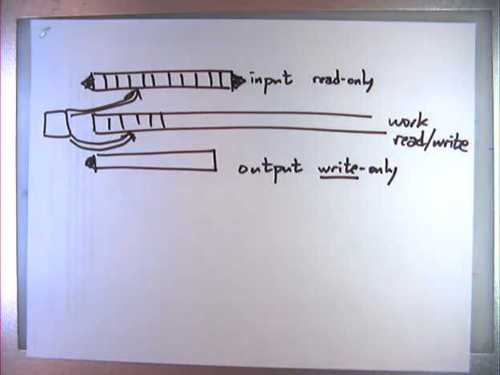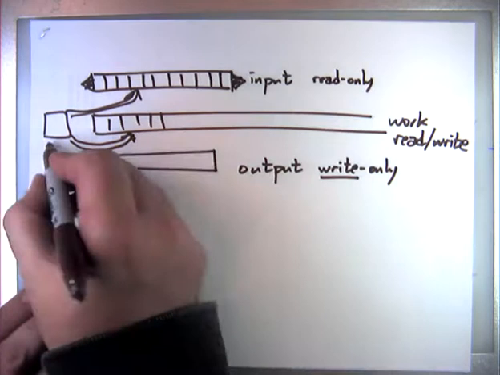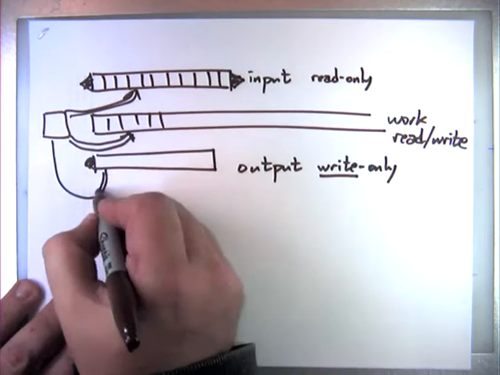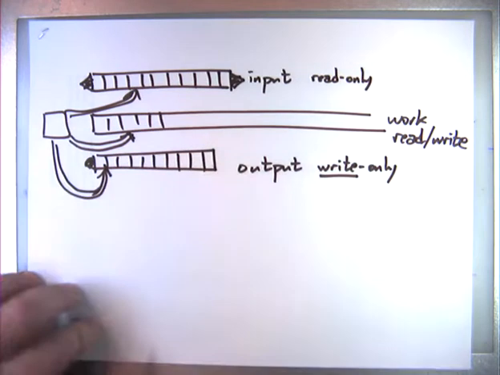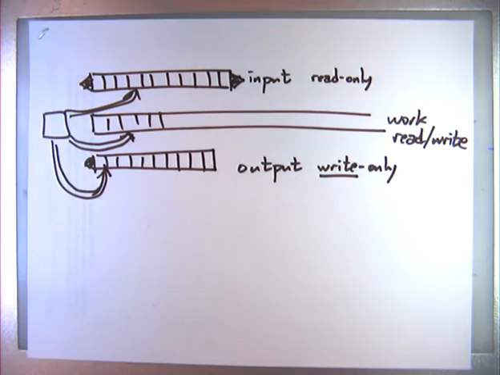I could imagine a write-only output tape, where again, the Turing machine has access to only one spot in the output, but essentially it acts like print a character. The Turing machine can only modify the output tape by writing down a symbol and then moving to the right. Okay?